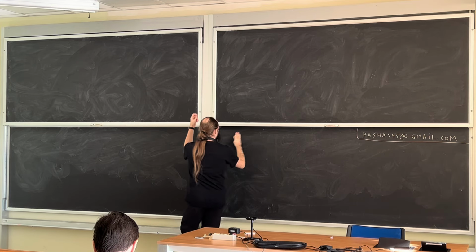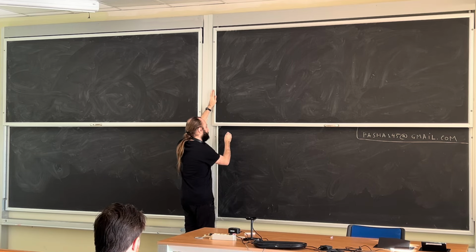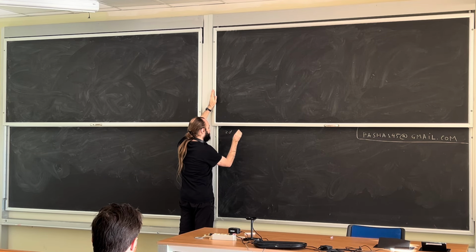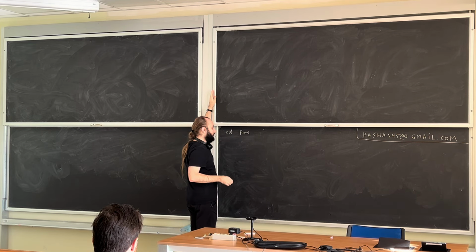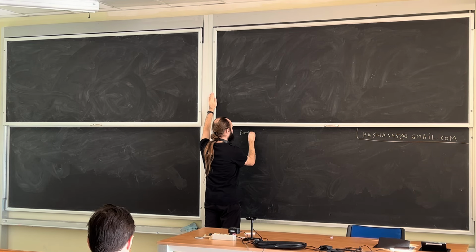Okay, so we'll continue the previous topic and we'll talk about the 2D Poisson equation with boundary conditions.